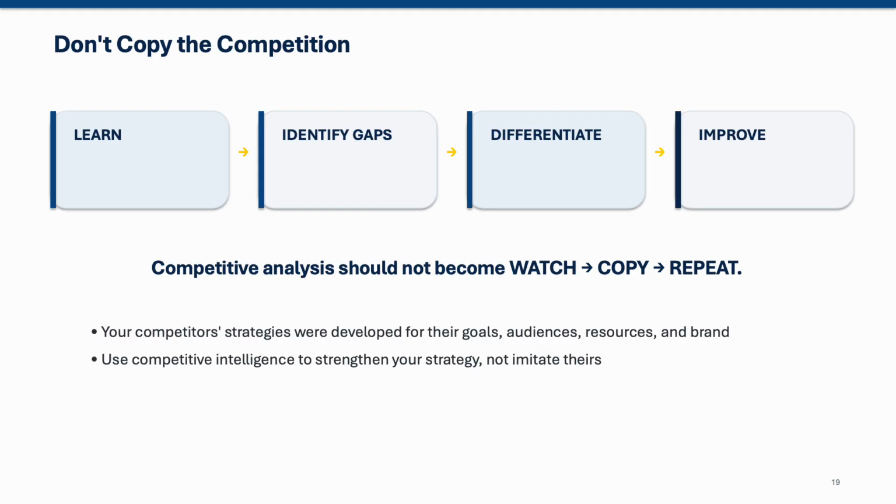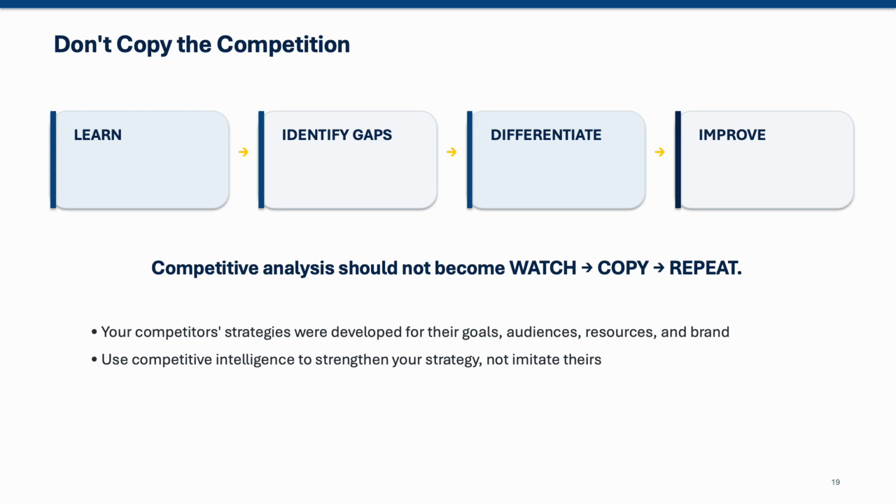I want to make one final distinction before we wrap up. Competitive analysis should follow a process of learning, identifying gaps, differentiating, and improving. It should not become a process of watching, copying, or repeating. Remember that your competitors developed their strategies for their goals, their audiences, their resources, and their brands.